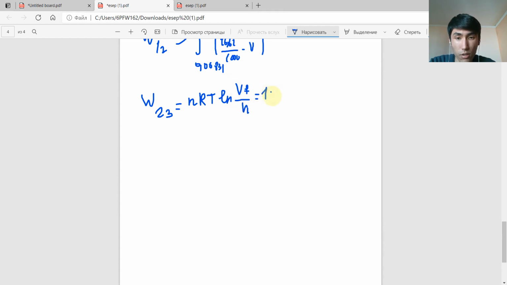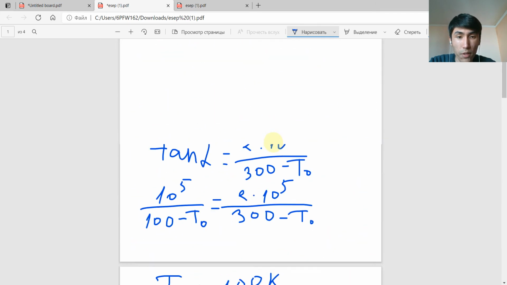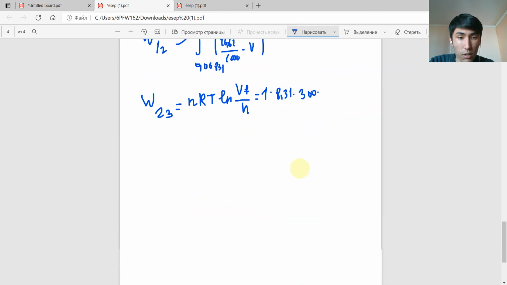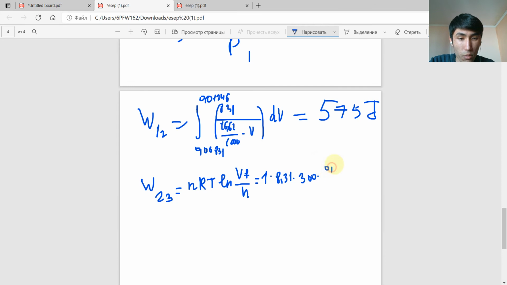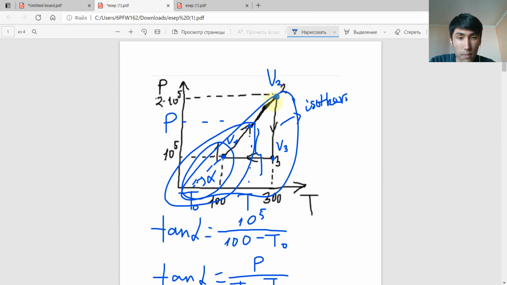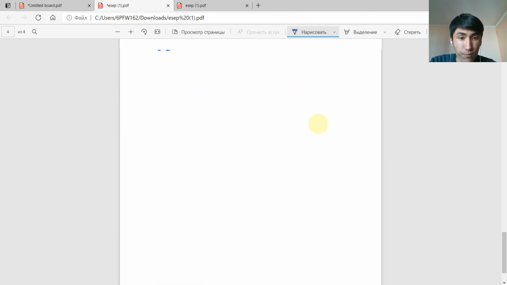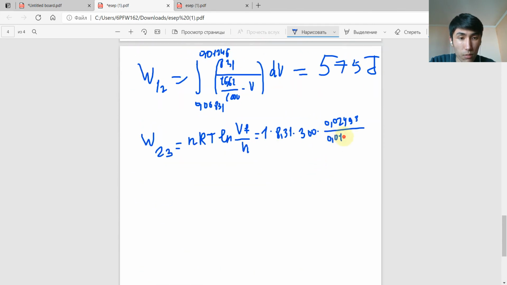So all these values are given. 8.31 times T, not changing, 300, and times ln of V final, which is this V3, 0.02493, divided by V initial, which is V2, 0.01246.